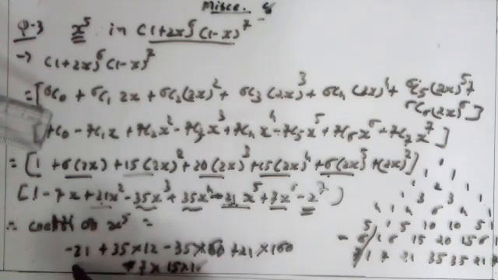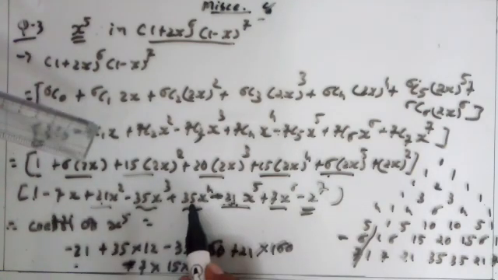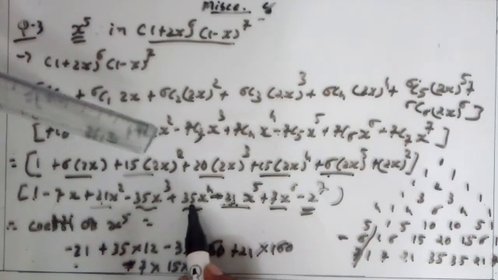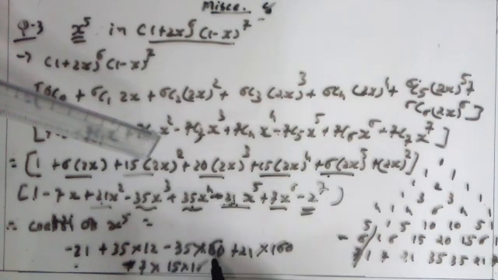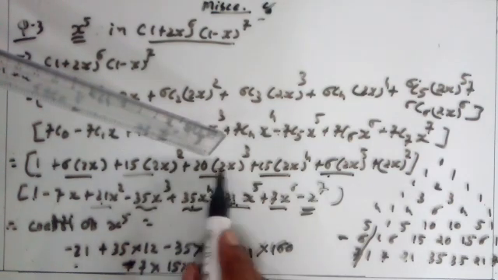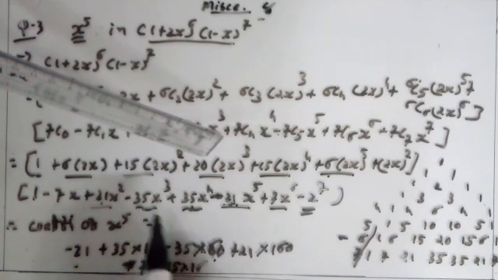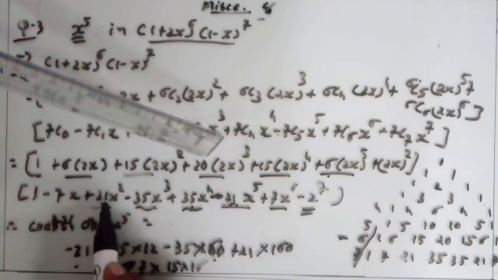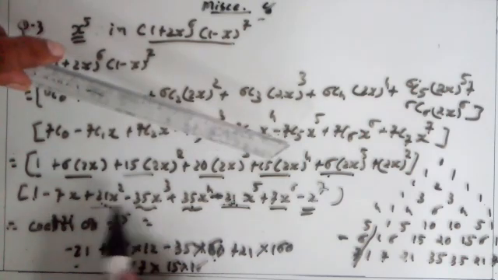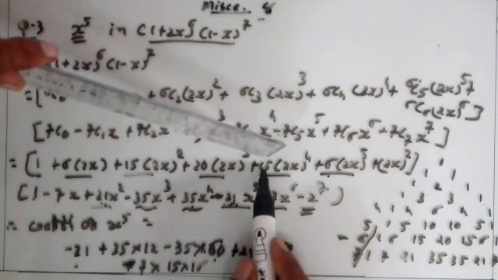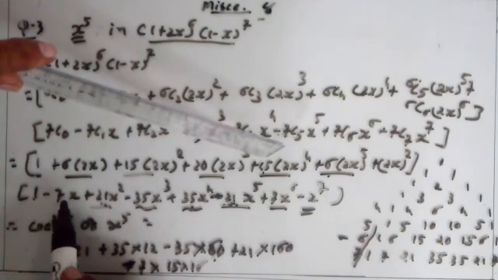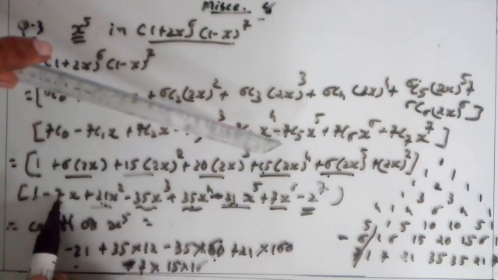21 into 1, then 35 into 12, then 2 square is 4 into 15, that is 16 into 35, then 8 into 20, that is 160, plus 2 raised to 4 into 15 into x raised to 1 into 7, that is 7.